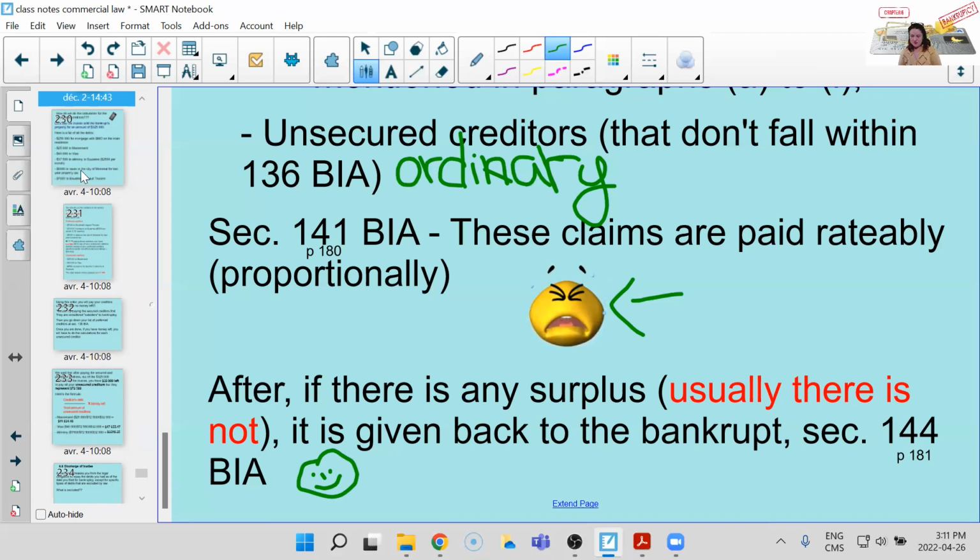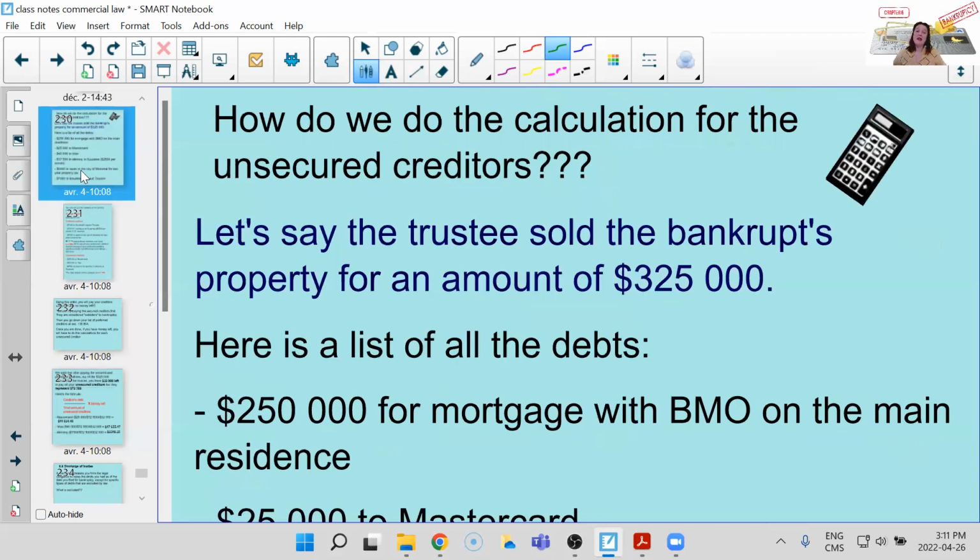So here's a list, and here's the problem. How do I do the calculation for the unsecured creditors? I always need to give you how much money the trustee has, because the trustee has to distribute that amount of money. So there's always a starting point. In this case, it's $325,000.